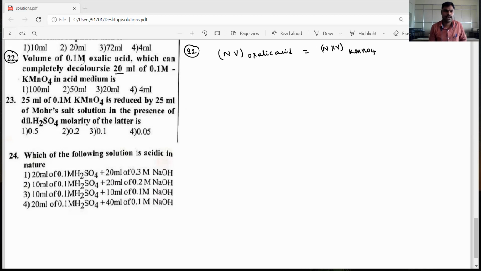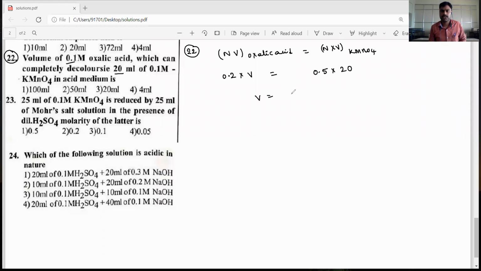The N factor of oxalic acid is 2, dear students. Then its normality is 0.1 into 2, which is 0.2, and its volume we need to find out in ml. Then KMnO4 in acidic medium has N factor 5. So 0.1 into 5 is 0.5, and volume is 20 ml.